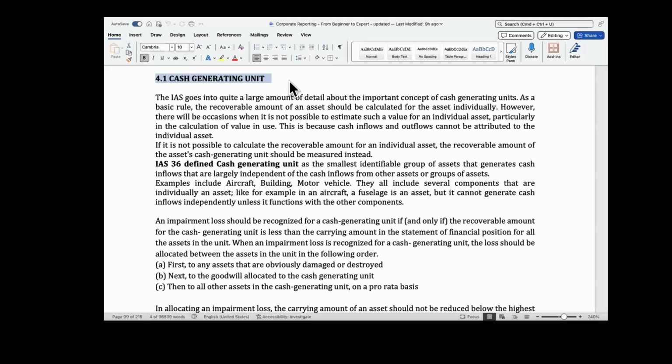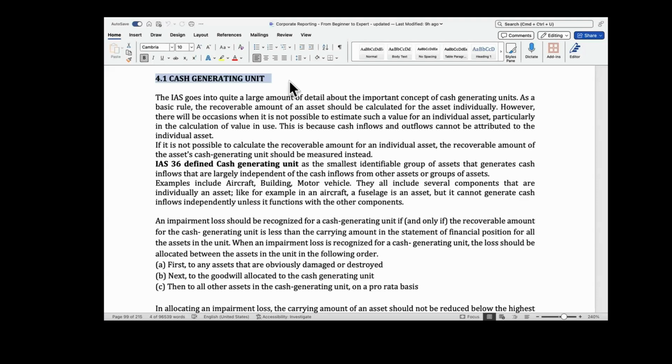For example, your laptop that you use in an office, or the furniture and fittings in an office, or an air conditioner, or just think about any assets that on its own does not generate money. Any asset that does not generate money on its own, there is no way you can determine its recoverable amount because recoverable amount is the higher between how much you can sell an asset and how much the asset makes.